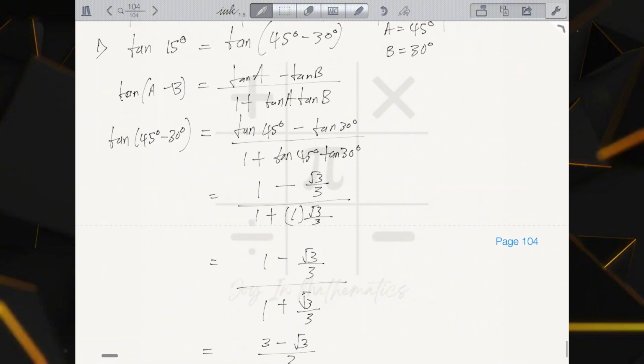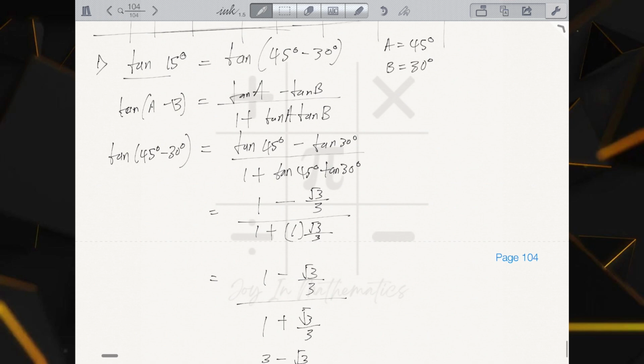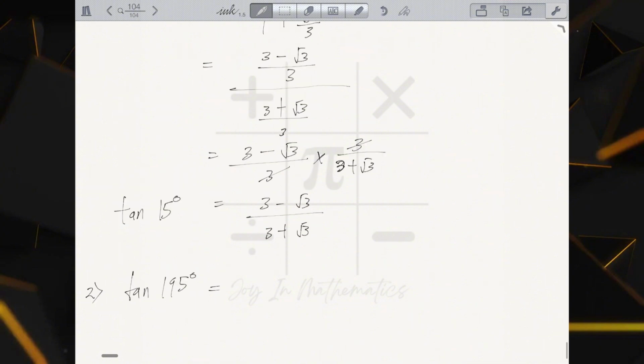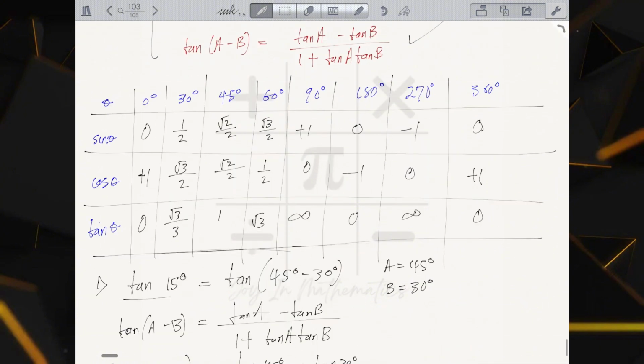Now that we have evaluated tan 15 degrees, let's take a step further by evaluating tan 195 degrees. That's question number 2, tan 195 degrees. So the question now is, what are the two things we will add together to have 195 degrees, or what are the two things we will subtract from each other to get 195 degrees?